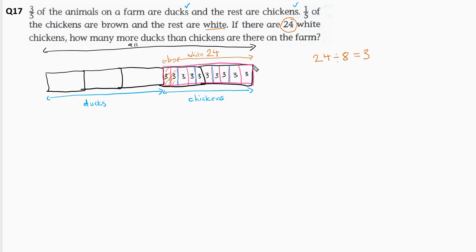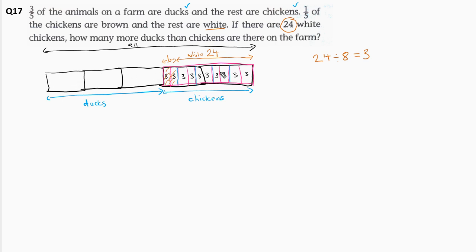Okay, so where are we? Let's go back because there's a lot going on here. Let's see what our question is. The question is, how many more ducks than chickens are there on the farm? Now remember, these are all chickens and these are all ducks. What we could do is just simply calculate. We could start to subdivide these up as well.